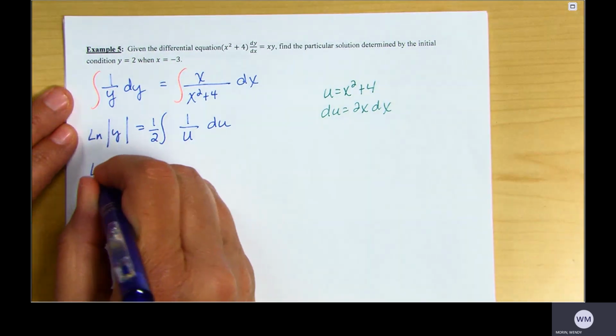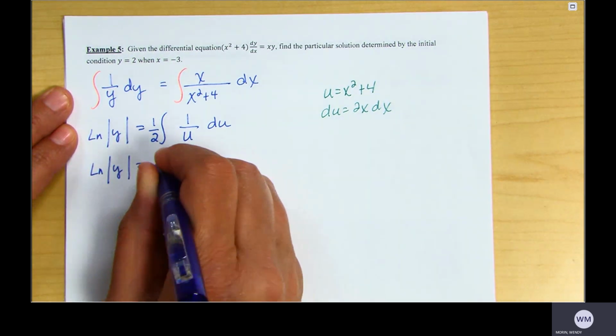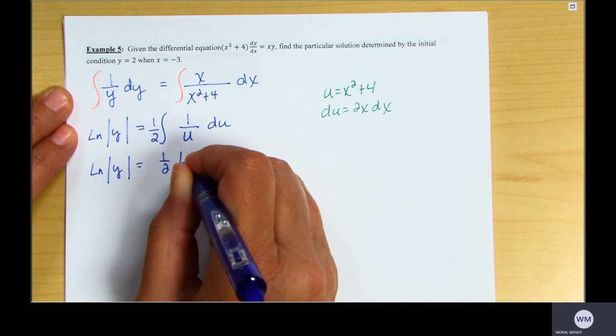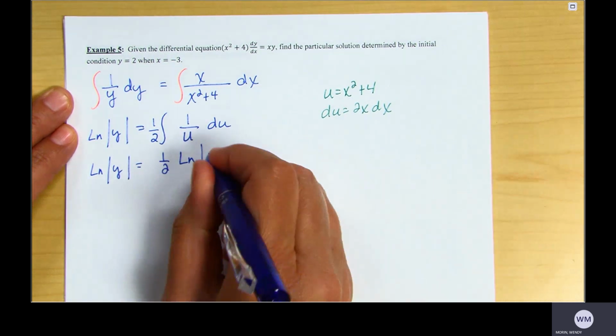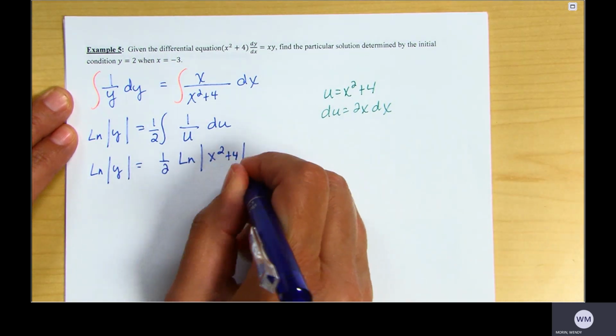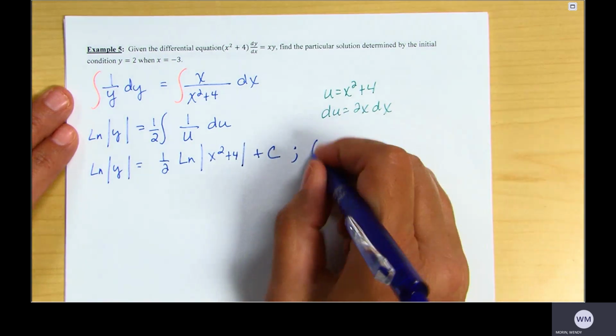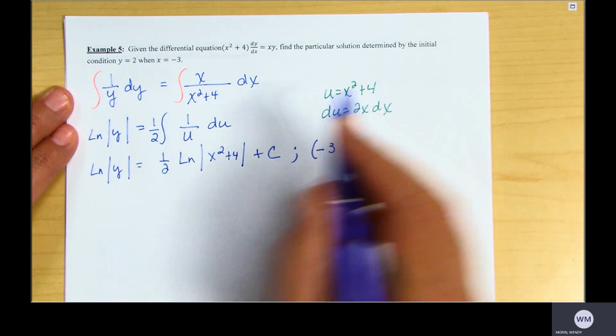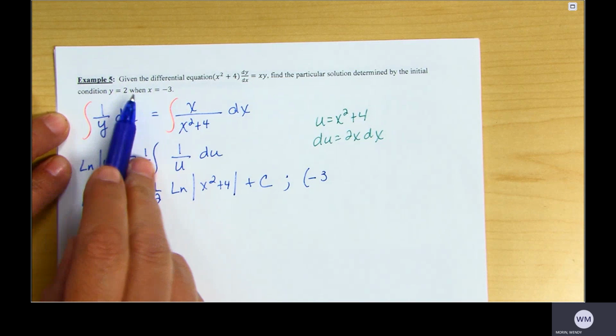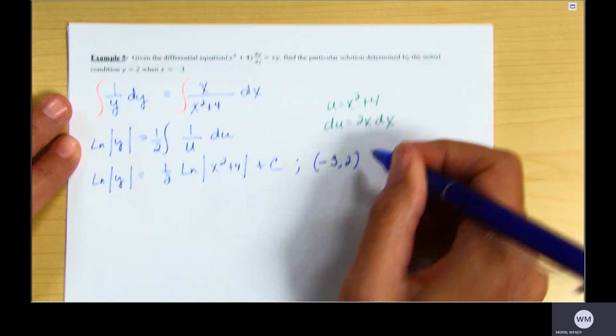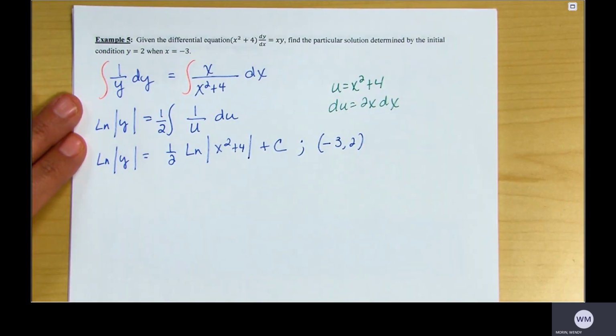So the natural log of the absolute value of y is equal to 1/2 times the natural log of our u, x squared plus 4 plus c. And we're going to plug in the initial condition. When x is -3, y is equal to 2. And find our c value.